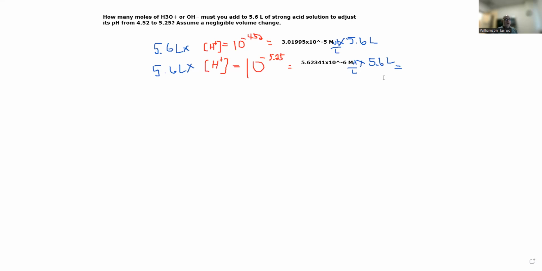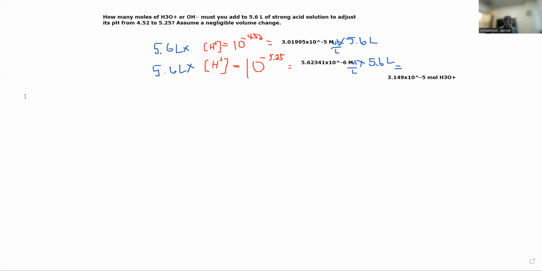Here, I'll do it underneath. This one will give me 3.149 times 10 to the negative 5 moles of H3O plus.